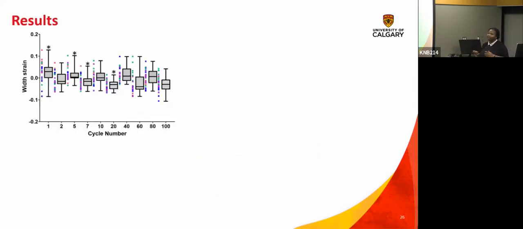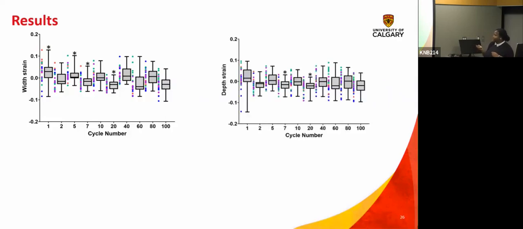So now looking at the shape behavior with this one as well. First looking at the width, we had the pattern of the width also being similar to that of the volume. And with the depth as well, even though the depth changed a bit more or less, you still have that sort of increase, decrease behavior.